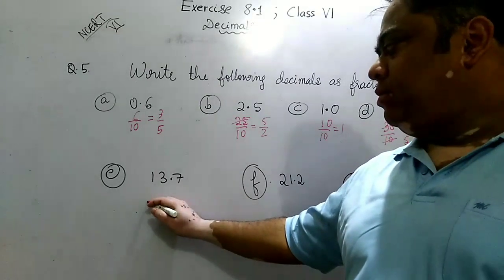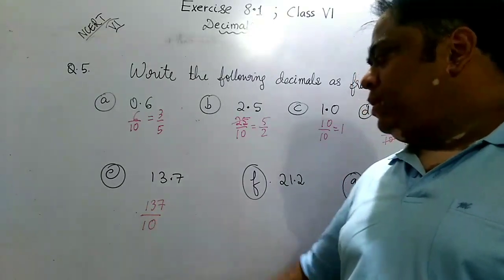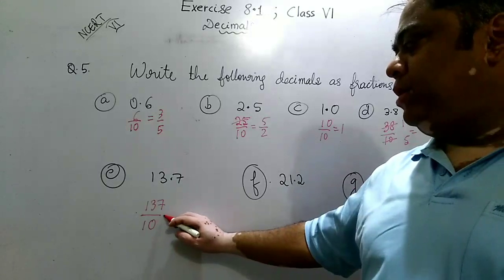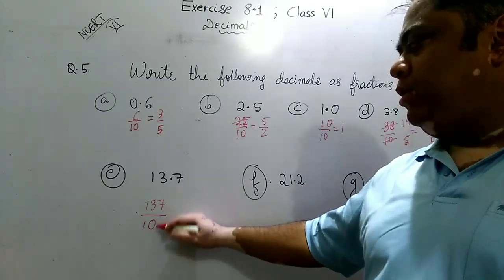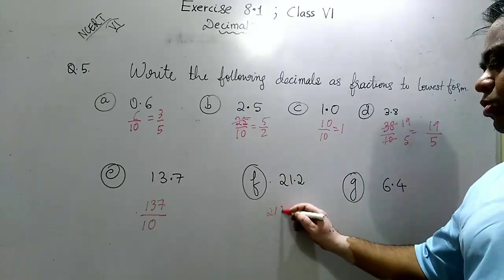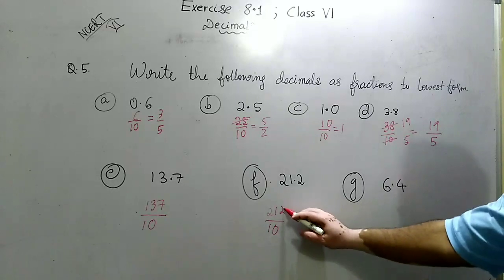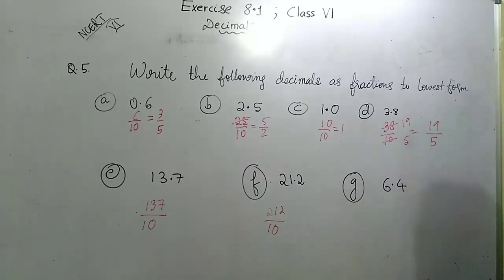13.7 can be written as 137 by 10. Since it is an odd number and the other is an even number, they cannot be reduced to any lower form. Next can be written as 212 by 10. Since it is even and this is also even, we can divide it by 2.